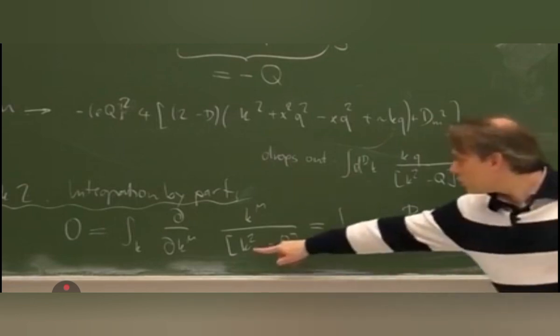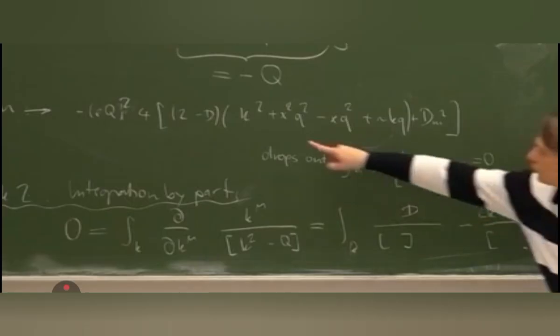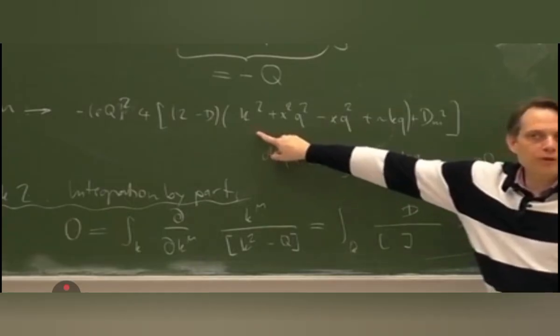And in the numerator, first of all, we get the k mu, but then we get the inner derivative 2k mu as well. Now you see here k squared divided by something squared, which is exactly the term that was disturbing us. So we get a relationship which relates our term, which we don't like, to something which has a constant in the numerator. But actually we can simplify it here a little bit more.